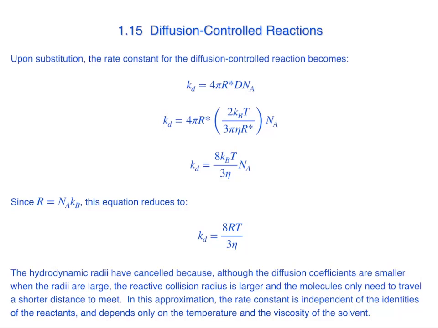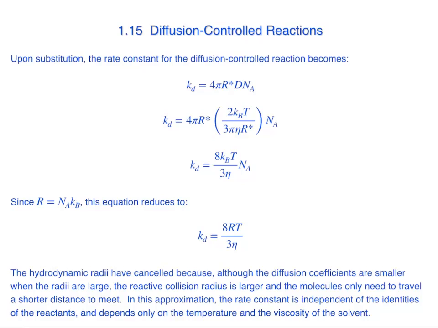A small molecule, yes, is going to move through solvent more quickly, but its reactive collision radius is smaller, and so it's going to need to travel a larger distance in order to meet the reactant in solution. So you have this balance between size and diffusion through solvent that allows for the hydrodynamic radii to cancel in this way. So in this approximation, the rate constant is independent of the identities of the reactants and depends only on the temperature and viscosity of the solvent.